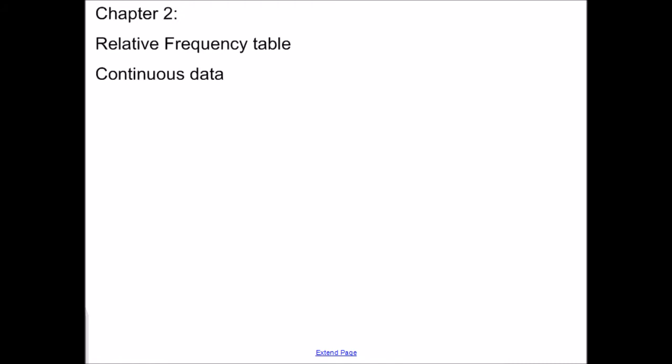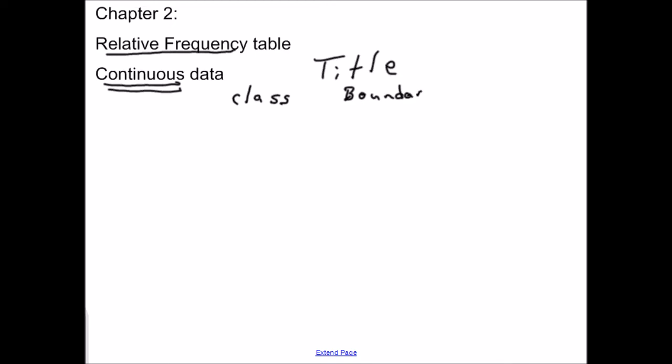This one is dealing with relative frequency rather than frequency, and it's continuous data rather than discrete data. Again, every table is going to require a title. You're going to have classes, just like on the other one. You're going to be using boundaries as well this time, because it is continuous data rather than discrete.